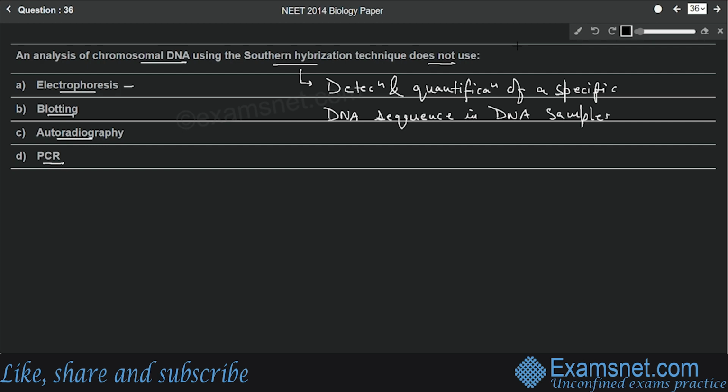So here electrophoresis, blotting and autoradiography, all these three are the parts of Southern hybridization technique, but PCR is not involved in this technique. Okay, PCR is used only for the amplification of DNA, and it is not a part of Southern blot hybridization technique. So option D will be the correct answer.